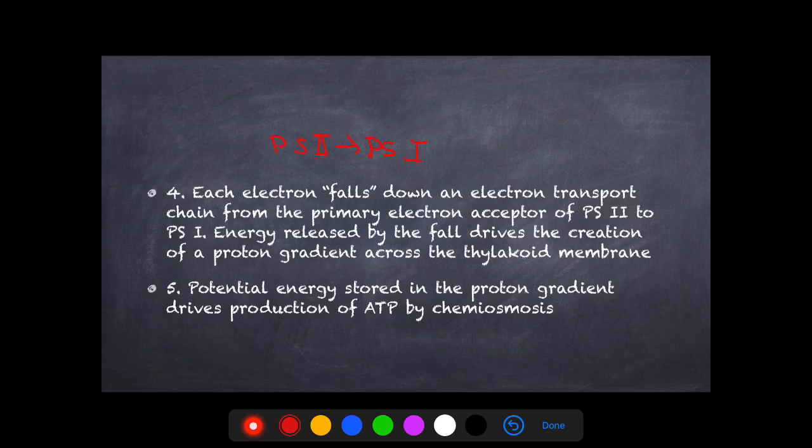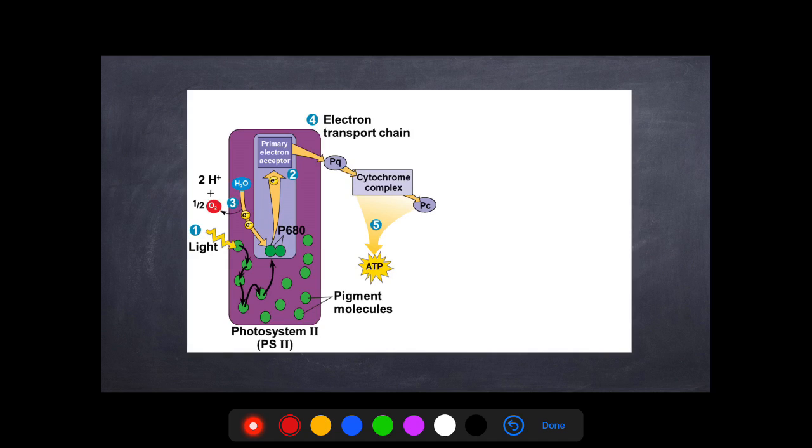Then in step 5, you're going to have potential energy that was stored in the proton gradient, which is going to cause ATP production through the process of chemiosmosis.